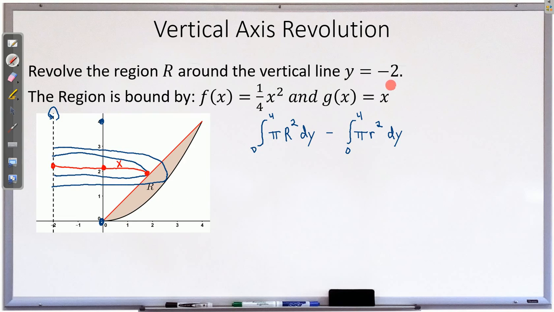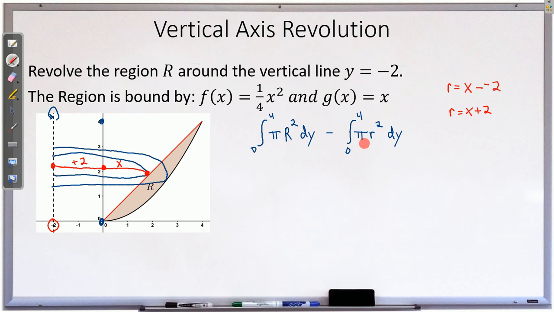So for your small one, we'll call this little r. It is going to be the x value minus, and this value over here is -2. Hopefully you can just intuitively see that that's going to be a +2 to your x. So r is equal to x plus 2.